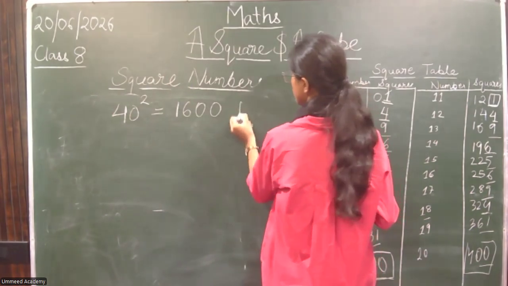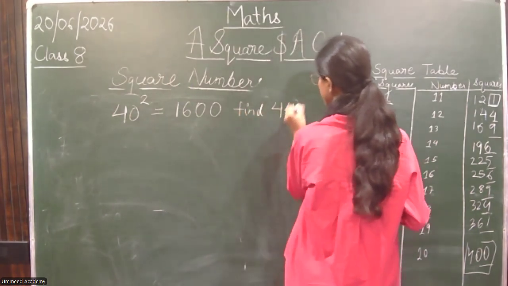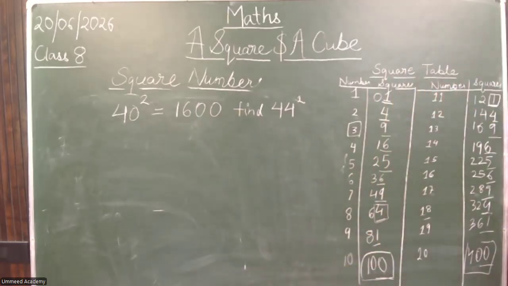And find the square of 44. Quickly do it using the same method. Use the same method and you will quickly get the answer.